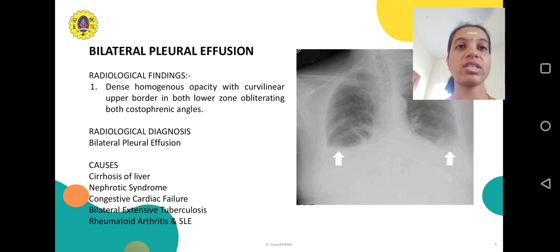Radiological findings: we have dense homogeneous opacity with curvilinear upper border in both lower zones, obliterating both costophrenic angles. Radiological diagnosis is bilateral pleural effusion.